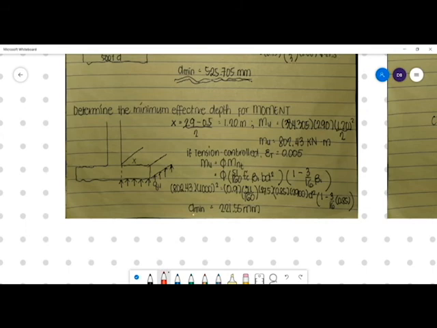So we are able to solve for d minimum, which is equal to 221.55 millimeter. That is our minimum depth to be adequate against moment, and we know that it is tension controlled.